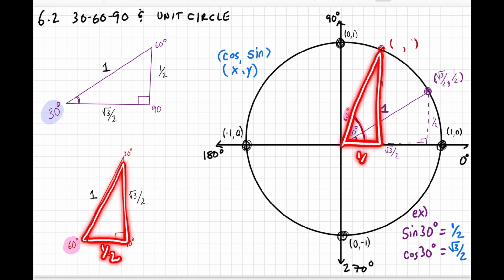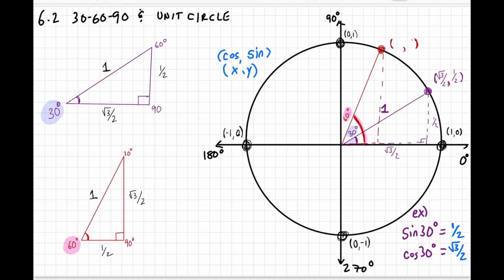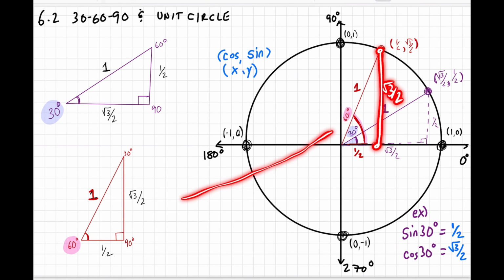So we can just go in and label these side lengths. We got 1/2 down here. We got square root of 3/2 up there. And we could actually go in and label these side lengths and the radius of 1. So now we know our point. Our x value is 1/2, and then we went up by root 3/2. All right, so there's the side length, the y value.